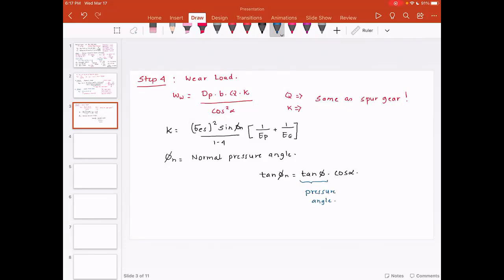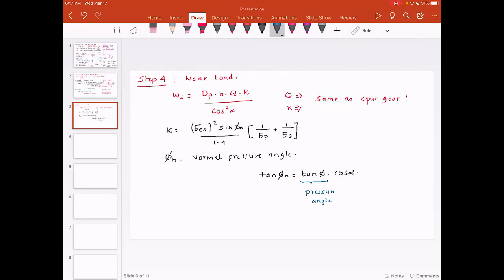Please note, usually they will give you the value of phi, which is the pressure angle. But when we find the wear load, we need to find the value of the normal pressure angle. And once again, just like the spur gear, we want to make sure that our gear is safe.